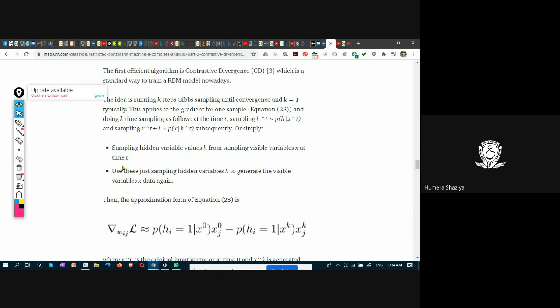All right, at time t we are sampling the hidden variables h, and the sampled visible variables are x.